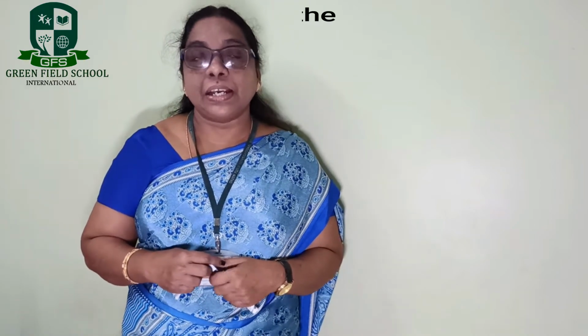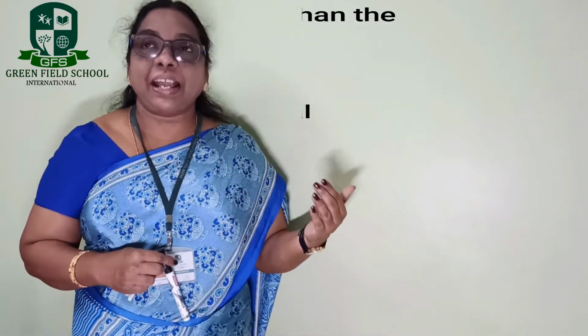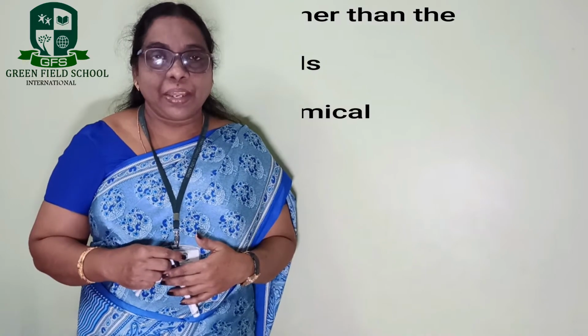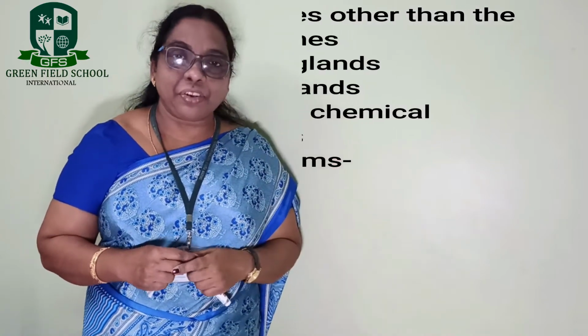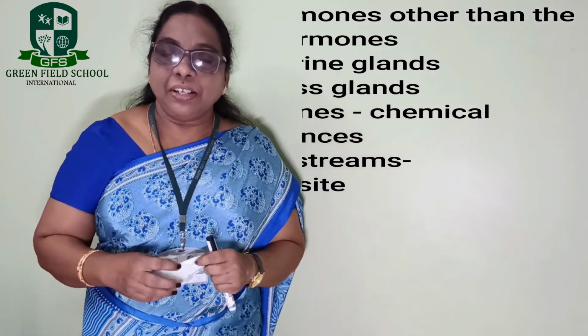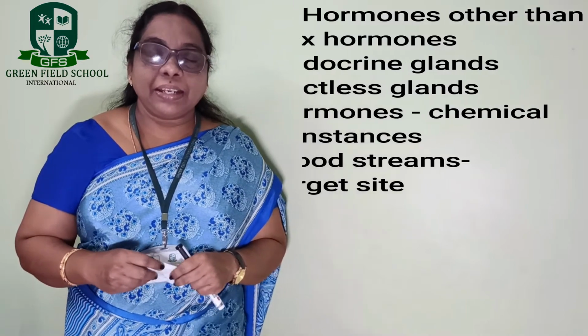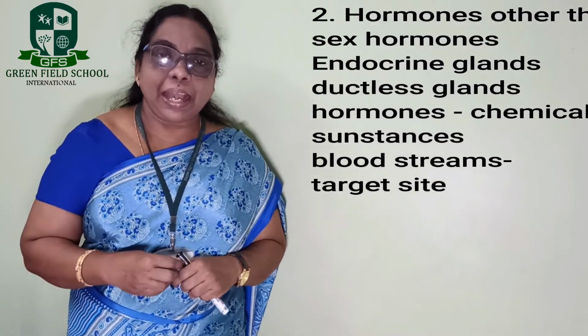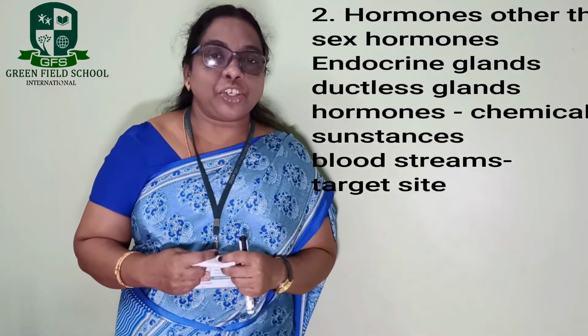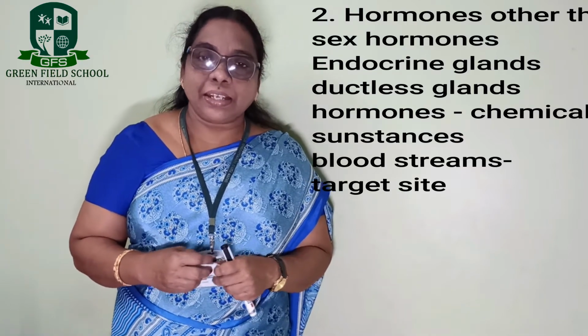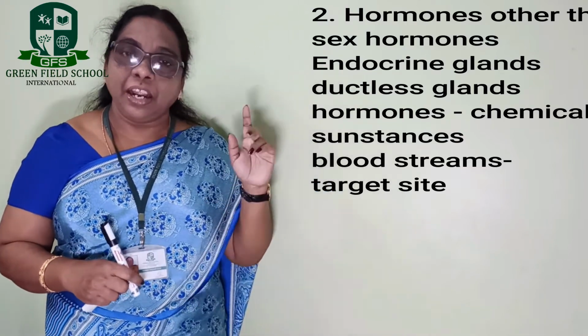Okay, the second topic we are going to learn is hormones other than the sex hormones. I think the title is clear for you. You already studied the sex hormones. The male reproductive organ, the testis, produces the hormone called testosterone.